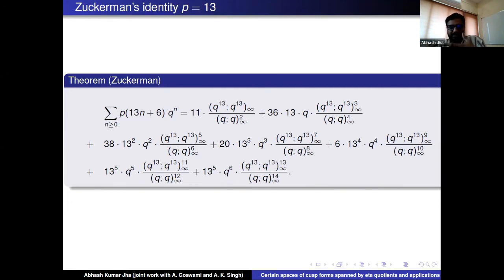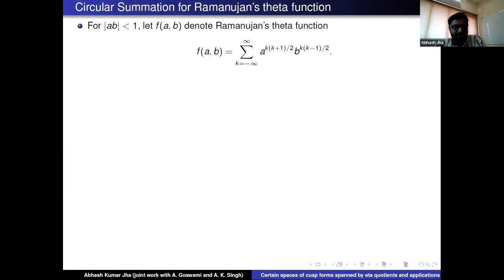So I don't know exactly what the relation is between eta quotients and the genus of that modular curve.